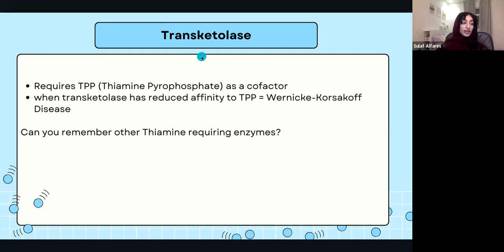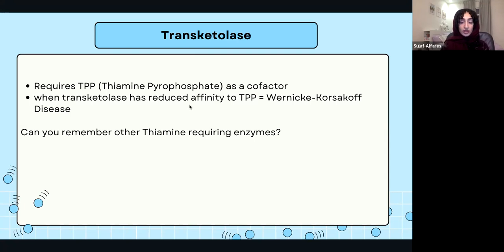So thiamine is vitamin B1, and you're going to have a separate lecture on each of the vitamins, but just keep this in mind. It might help you later on. Thiamine pyrophosphate, which is vitamin B1, is very important for the function of transketolase. If we don't have enough thiamine, we're going to get something called Wernicke-Korsakoff disease.